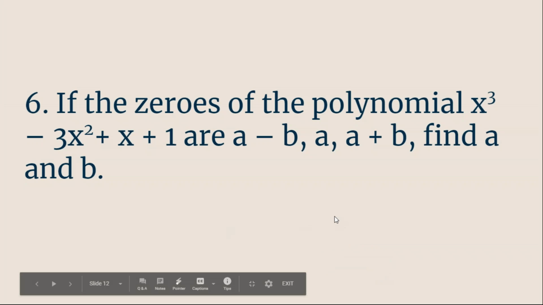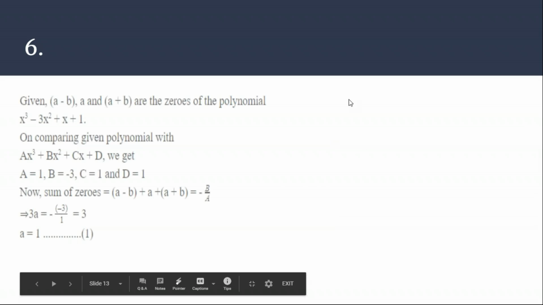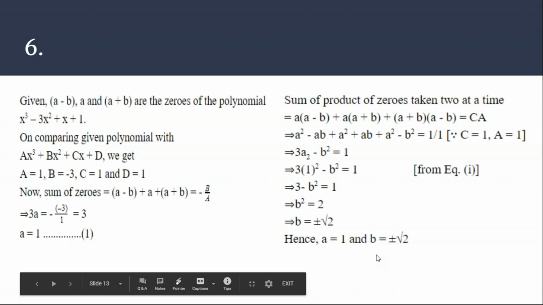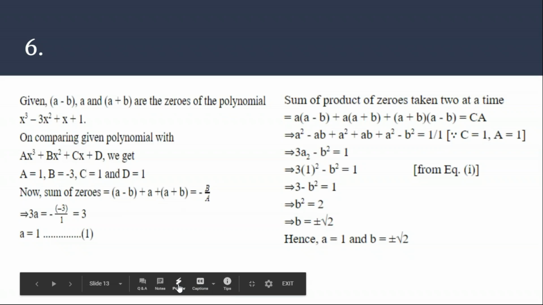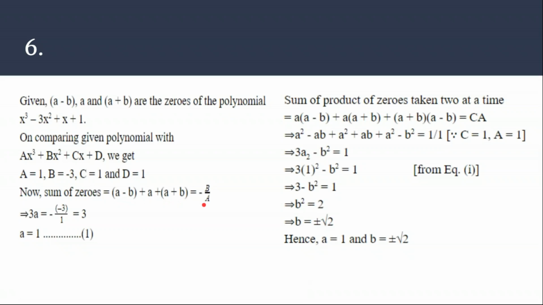Okay, since nobody's raising their hand, I'll just show you the solution here. How did you get the first equation? Okay, here. The sum of zeros is the first equation. So a minus b plus a plus b. Here, this one, Manasvi, a minus b plus a plus b is equal to 2a.